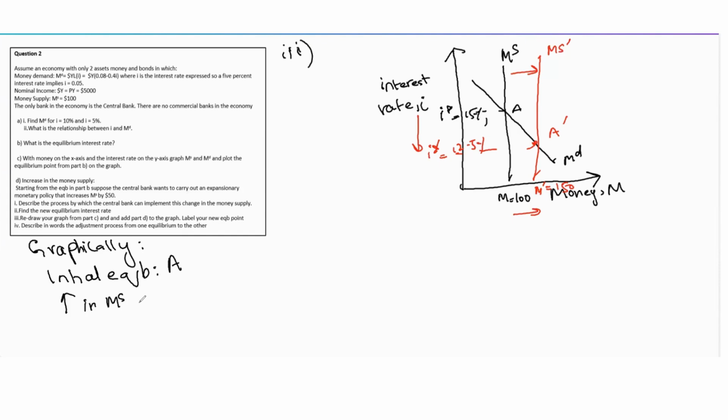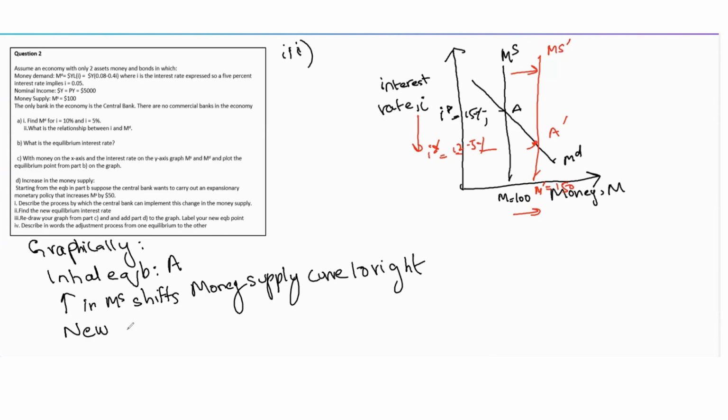Increase in MS shifts money supply curve to right. As we can see, initially we had MS vertical at M is equal to 100. Now MS prime vertical at M prime is equal to 150.